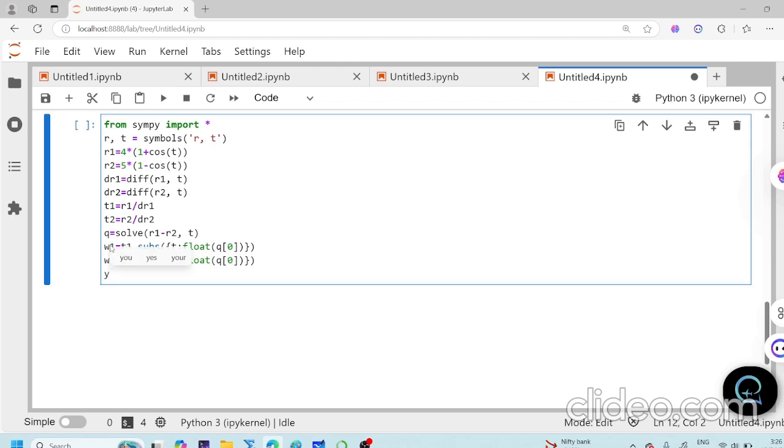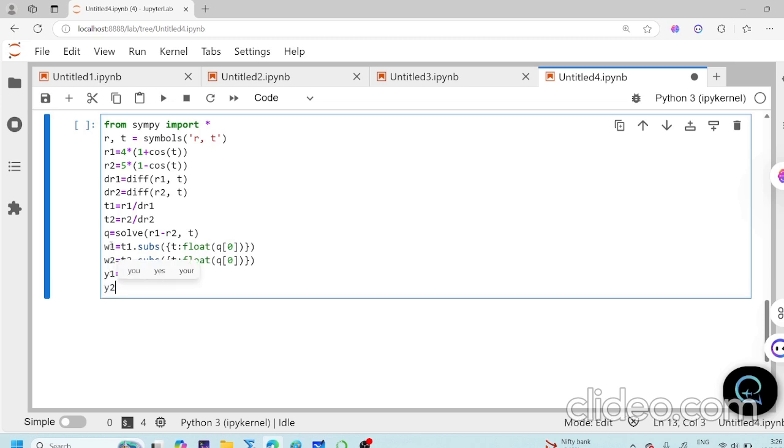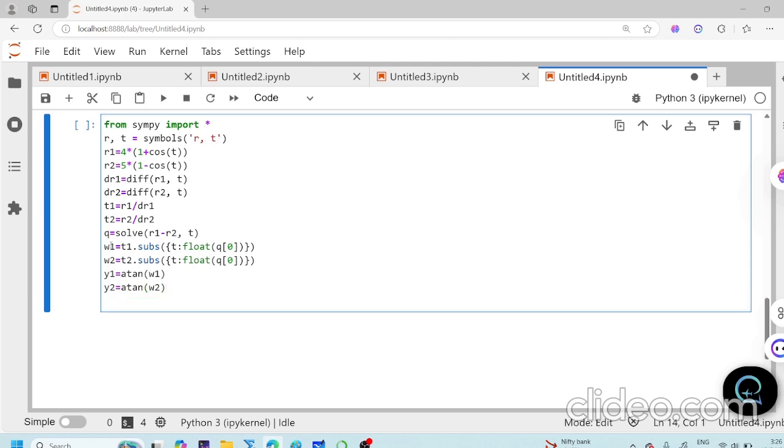Now I have to take the tan inverse of that. So let me say y1. You can use any variable, no issue. y1 equal to atan of w1. y2 equal to atan of w2. Right. Then w equal to the absolute value of y1 minus y2.